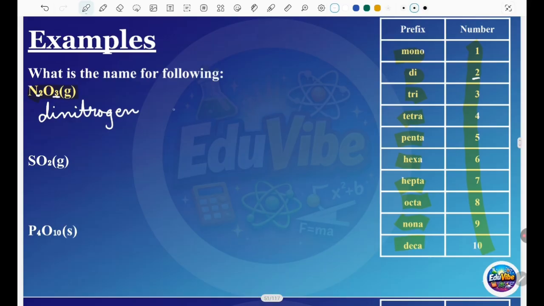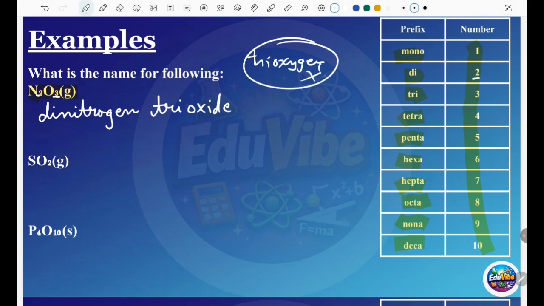And this is 3, so this means tri, and oxygen becomes oxide, so it's trioxide. Do we write trioxygen? This is wrong. We have to write trioxide instead.